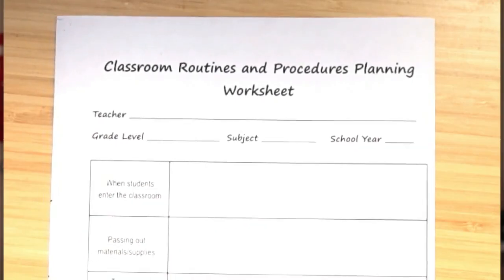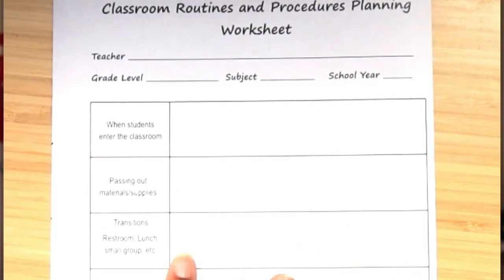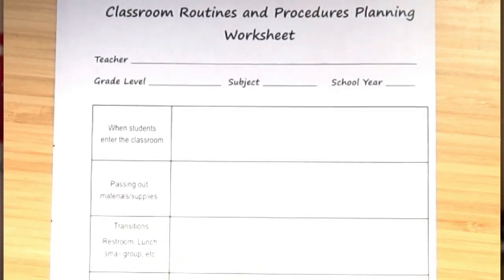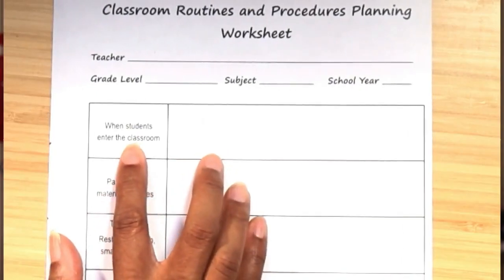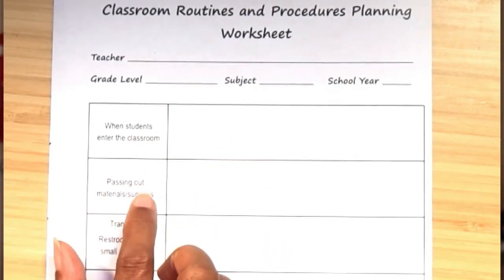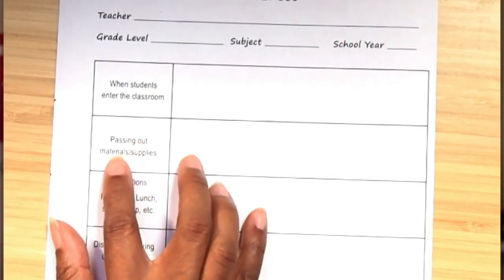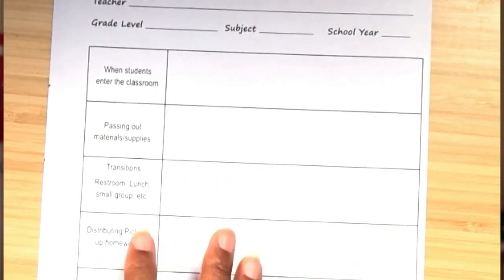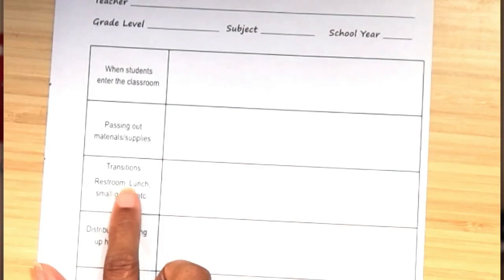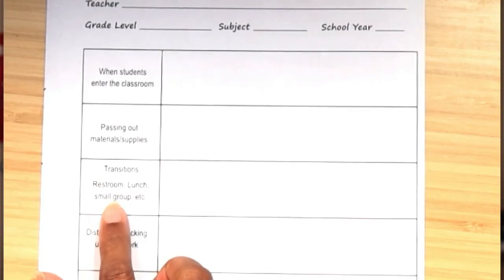This checklist is an easy peasy checklist for you to complete as you're thinking about your transitions in your classroom. For example, the first one is when you enter the room. That is going to be super, super important because it sets the tone for your classroom. The next one is passing out materials and supplies, transition to restroom, lunch, small group, etc. And I'm going to do another video on small group classroom management ideas.